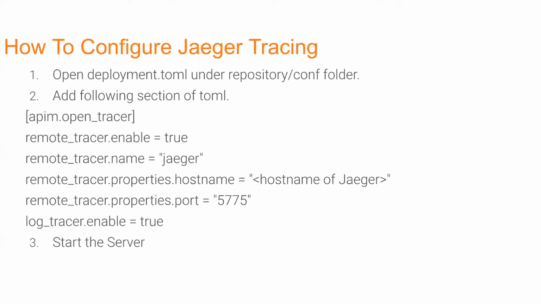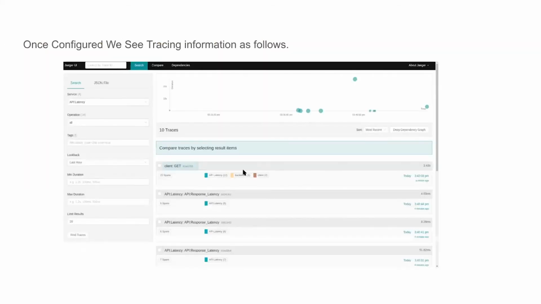If you need to enable the log tracer, then you have to set log tracer enable to true. Once you enable it and make requests, you will be able to see the following information.